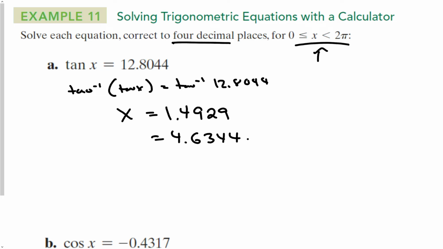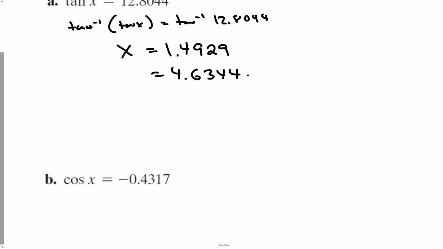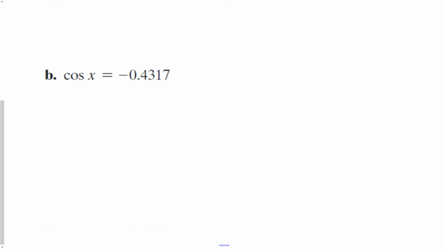Okay. So let's try this one, which is actually a little weirder. Okay. So again, I'm just going to take the inverse cosine of both sides. Okay. And when I plug that into my calculator, let's see, inverse cosine.